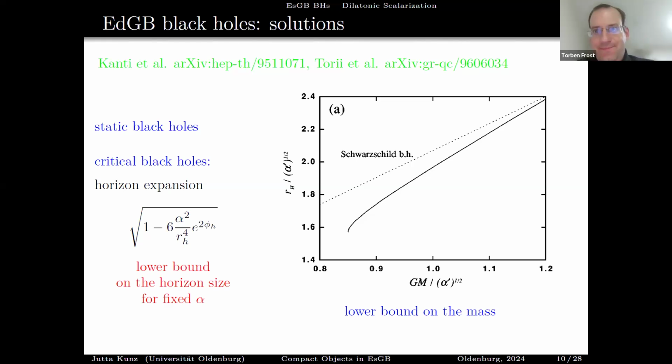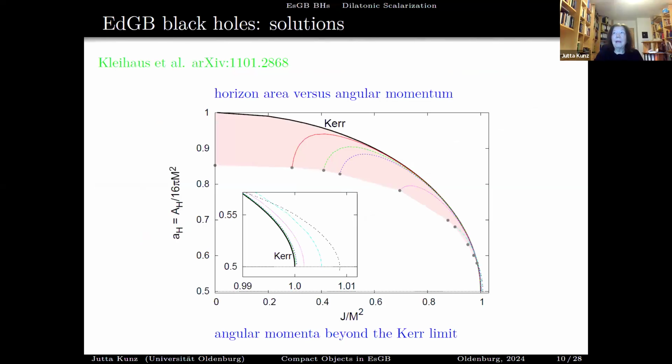Yes, Mr. Rabin. I cannot raise my hand somehow. I have a question. Do you think, Jutta, that there is a cosmological application for this theory? Do you know about cosmological solutions? There are a lot of studies in this cosmology aspect.